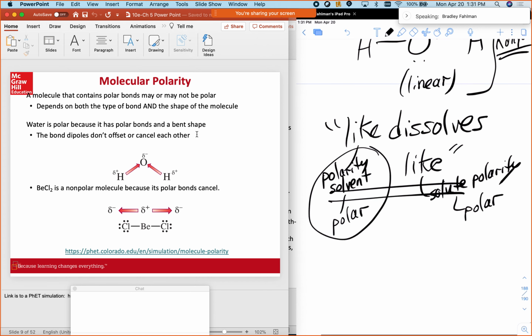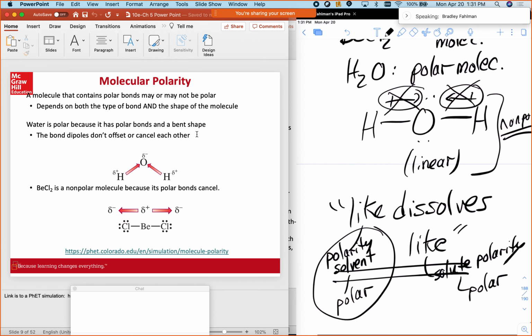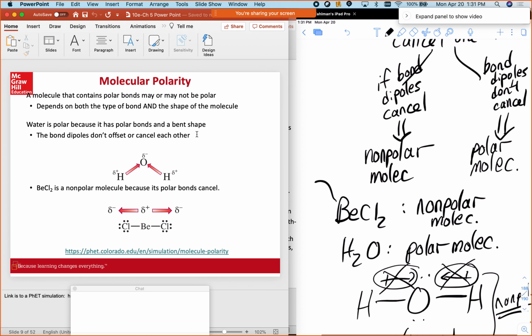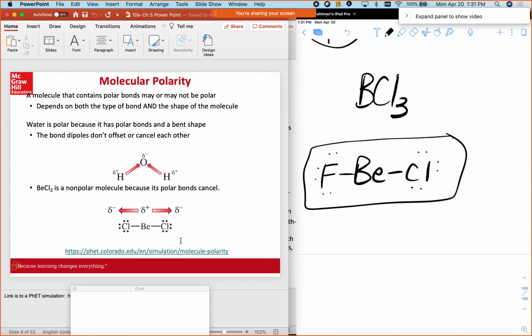All right, let's go through our shapes. So far we looked at linear. Beryllium dichloride was an example of linear, and that molecule is nonpolar. But what if you had this molecule?